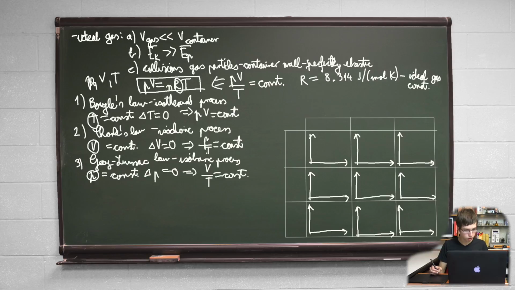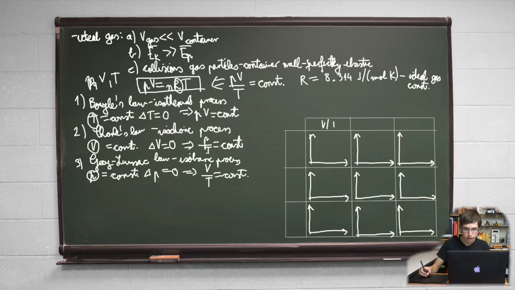For each of these processes, we can draw 3 graphs representing 3 different dependencies, which are a combination of these 3 basic quantities P, V, and T, so pressure, volume, and temperature in kelvins. A VT graph, so volume temperature dependence, which describes how the volume of a gas depends on its temperature in kelvins. A PV graph, pressure volume dependence, and a PT graph, pressure temperature dependence graph.